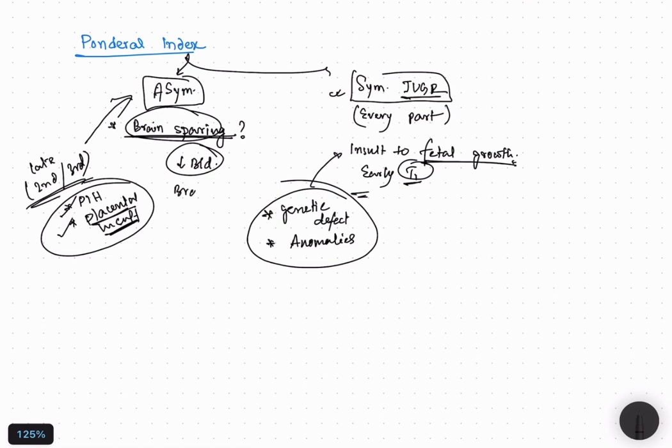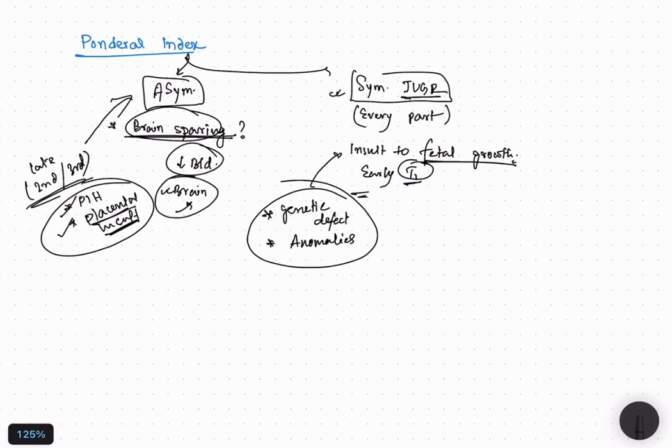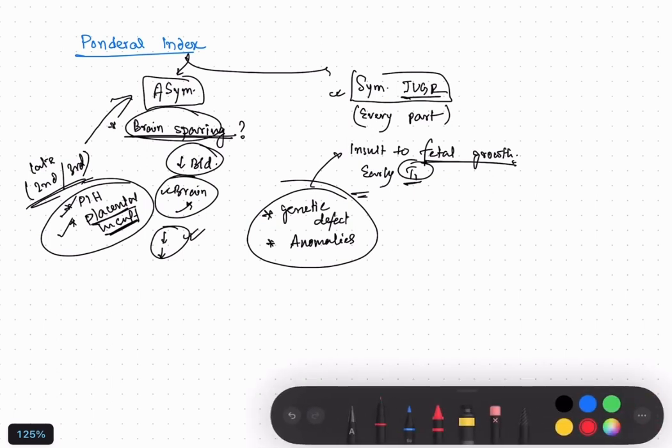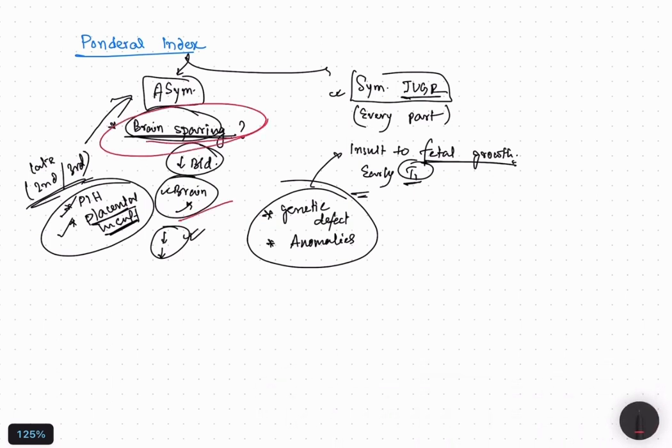The brain is more important for the fetus, so maximum blood is transferred to the brain, maintaining brain growth, but at the cost of other body parts. Other body parts get less blood, so their growth is hampered. That is why it is known as brain sparing effect.